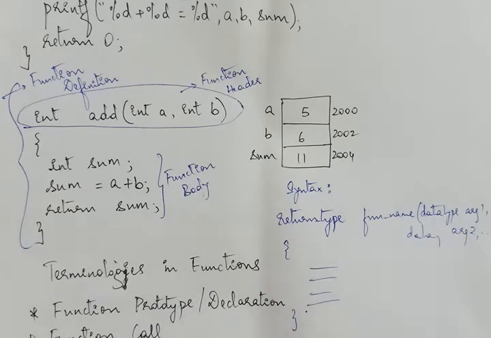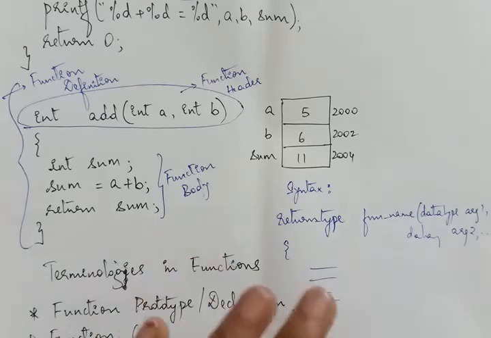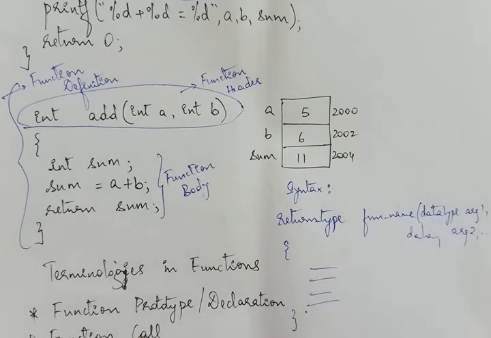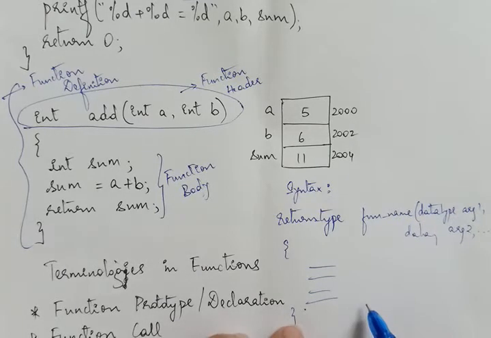Otherwise, in most cases a function returns a value. Suppose there is no return statement, there is nothing to return back, say some display functions or some print function, it has to simply print something, right? Just a value or a variable value is passed to a function, and the function will print that value. In that case, it need not return anything to the calling function. So that time there is no return statement.